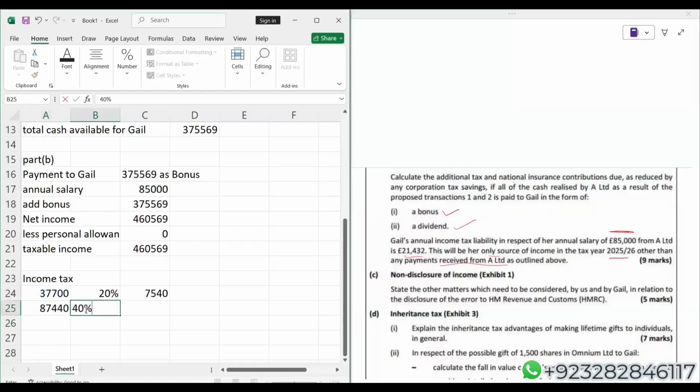Applicable rate is 40%. Now can I say from the taxable income we'll deduct 1,25,140.